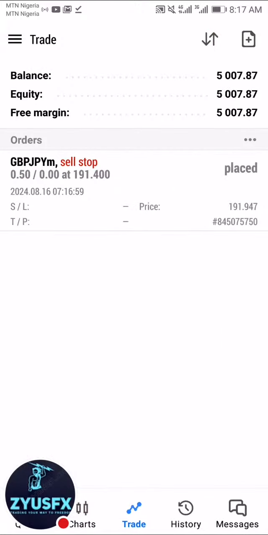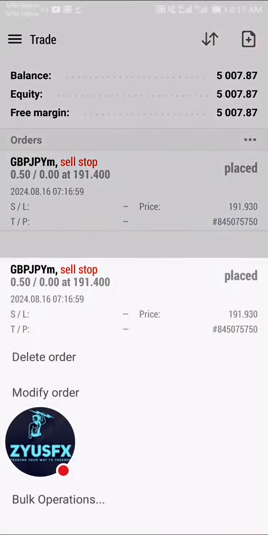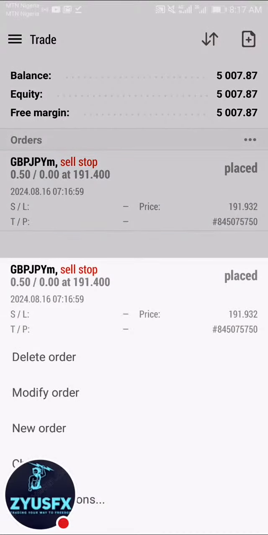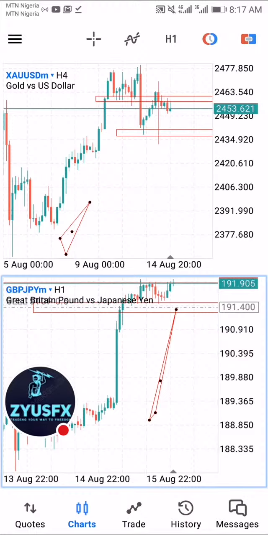As you can see, we are not in the trade. It's a sell stop order, and that's the beauty of it. If price continues up, we can just safely delete the order and move on. We have nothing to lose. But if price starts pushing down, that's the only time we get triggered in.